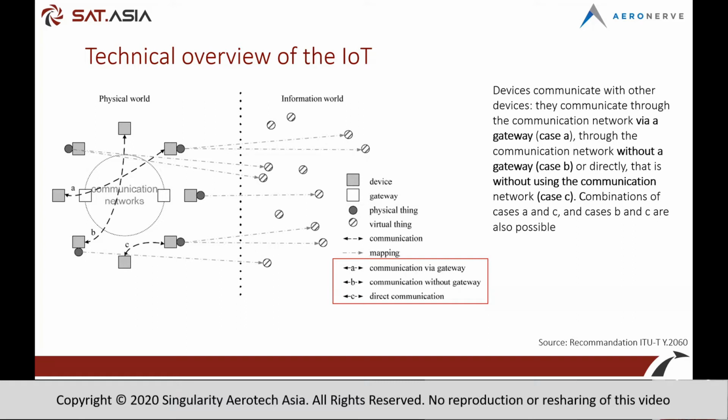Okay, let's look at how devices communicate with each other. You look at this figure here, case A, B, and C. Devices can communicate in different ways. The first method, case A, is they communicate through a network via a gateway.